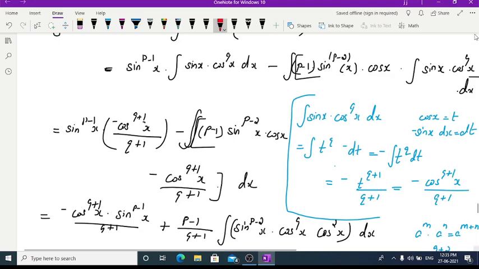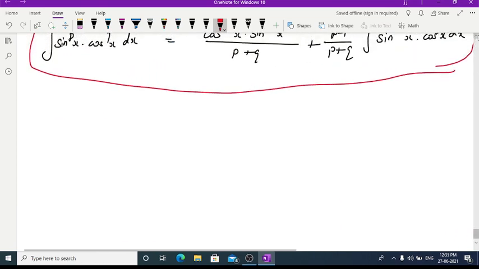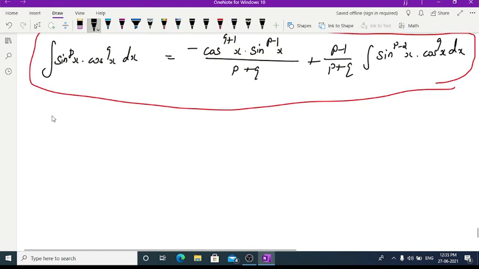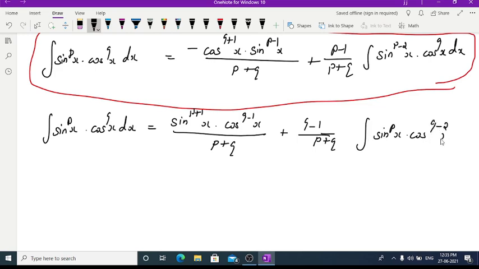Then we get the reduction formula: integral sine raised to p x into cos raised to q x dx is equal to sine raised to p plus 1 x into cos raised to q minus 1 x divided by (p plus q), plus (q minus 1) divided by (p plus q) into integral sine raised to p x into cos raised to q minus 2 x dx.